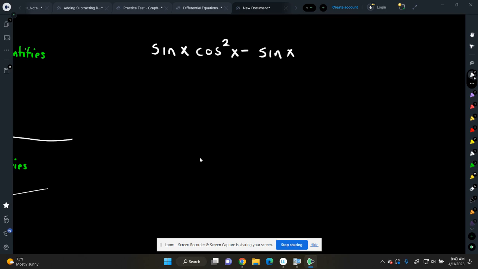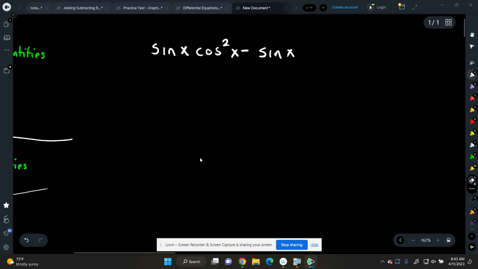If I can simplify that so that I'm only looking at cosines or only at sines, it would be better. Can I just cancel out the two sines? Nope, I can't divide by sine. If there was an equal sign, then maybe I could, but this is just an expression.